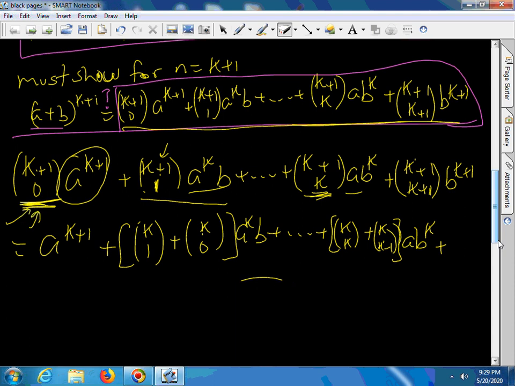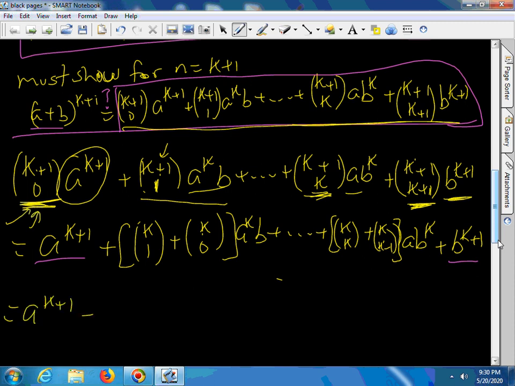So I'm just going to leave it as k plus 1 choose k plus 1, which is 1, times b to the k plus 1, which is just b to the k plus 1. So these two, we're going to just live with them for right now. So you get a to the k plus 1.